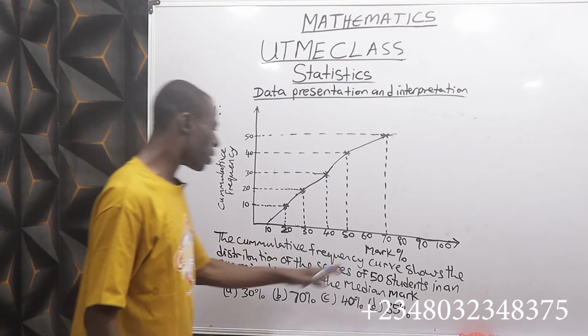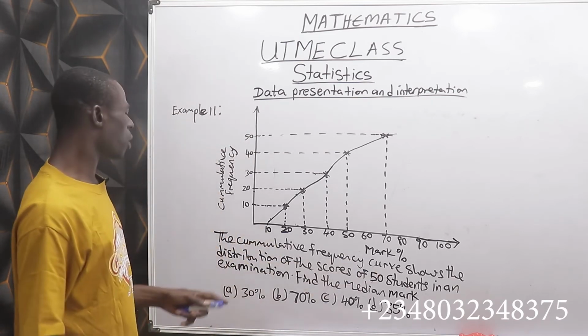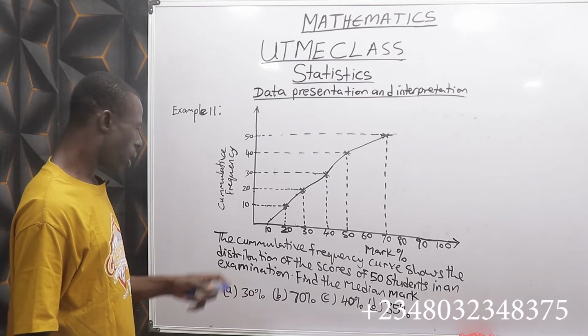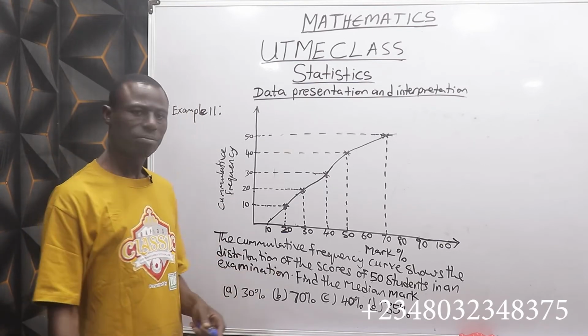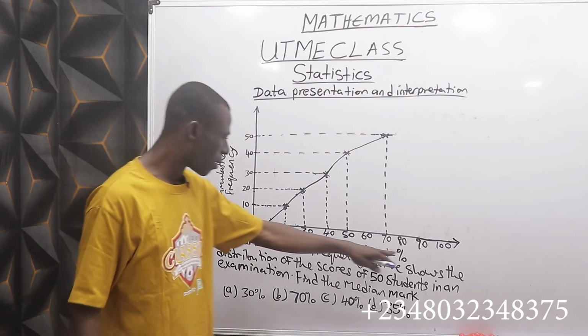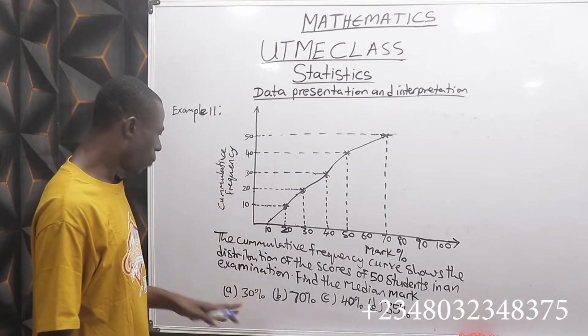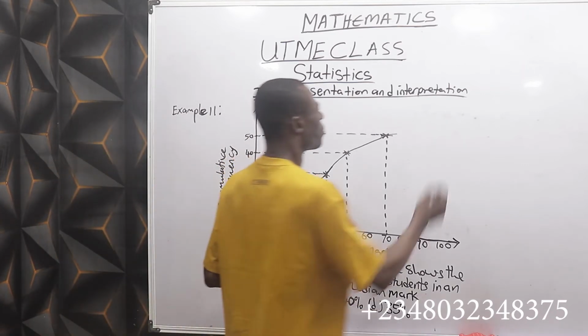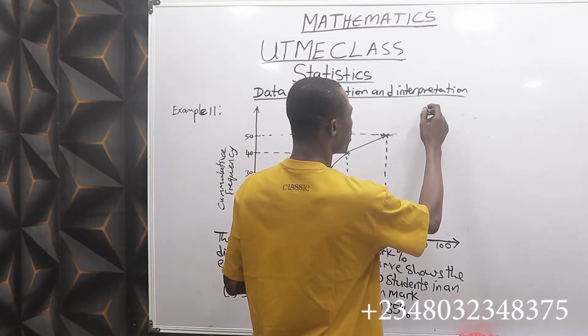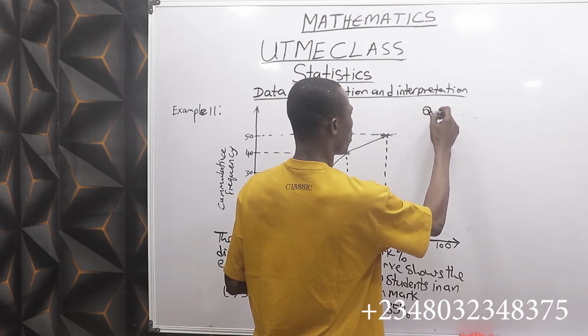The cumulative frequency curve shows the distribution of the scores of 50 students in an examination. Find the median mark. You know, the marks here are given in percentage. So find the median mark. Well, we do this under quartiles.